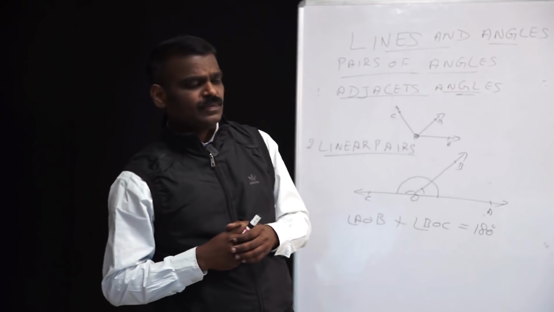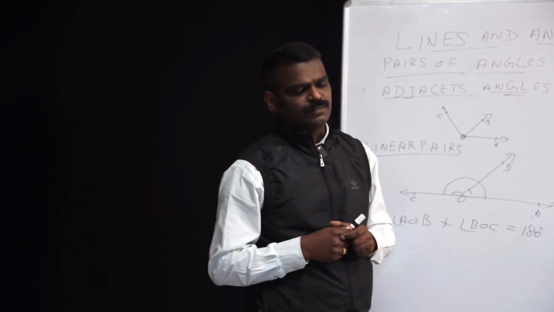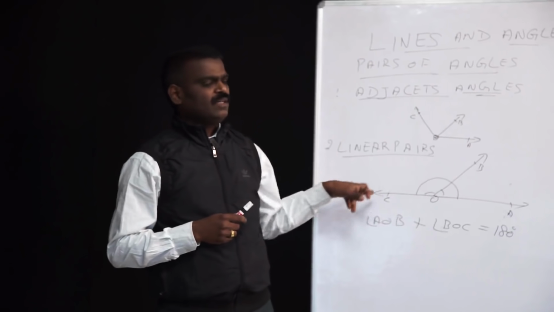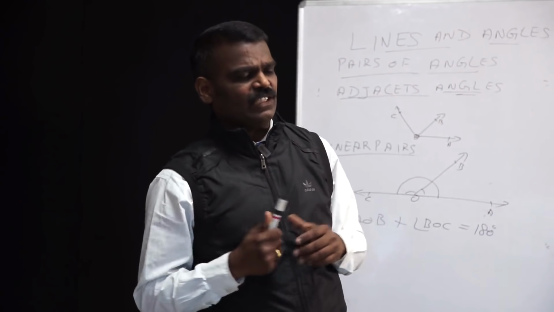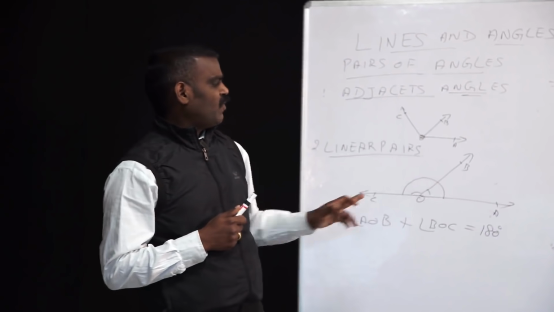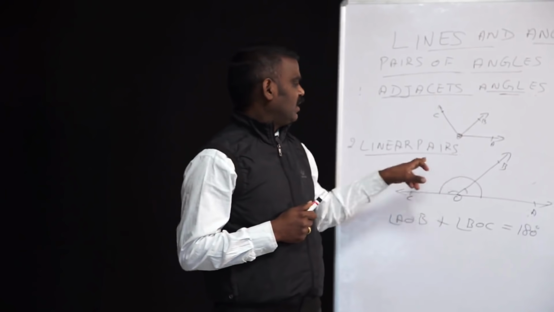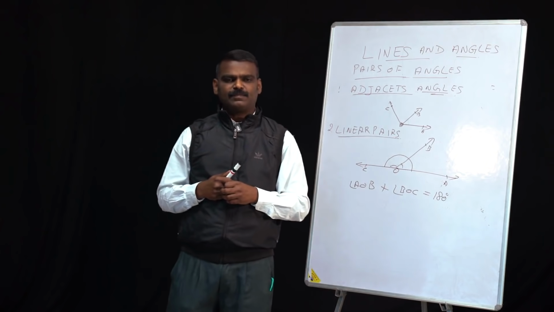Linear pairs, they have one common arm, that is OB, and the non-common arms. What are the non-common arms? AO and CO. They are in where? Opposite directions. They form what angles? Linear pairs of angles. Angle AOB and BOC, linear pairs.